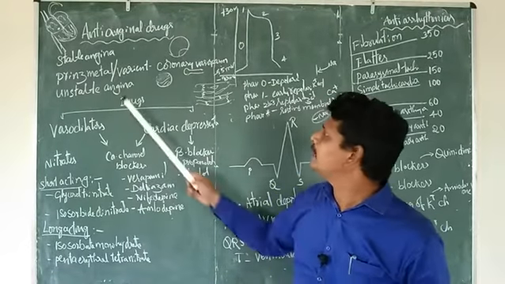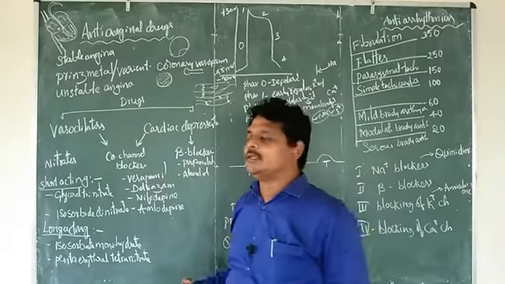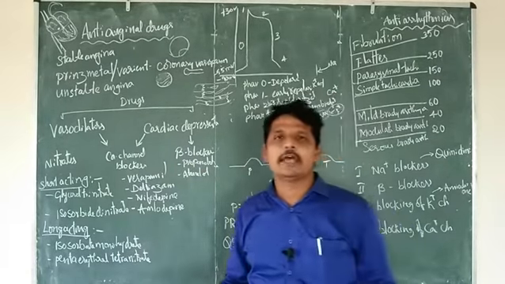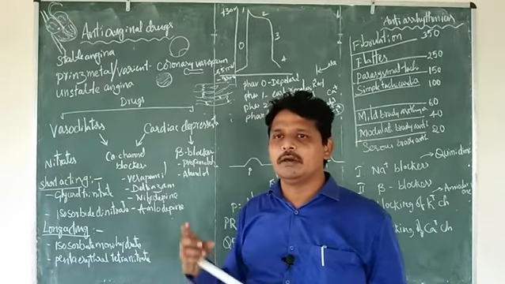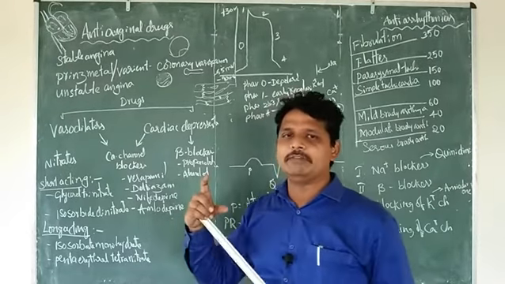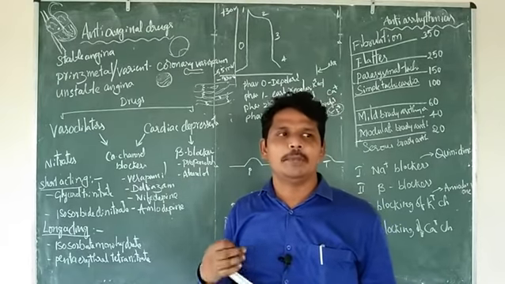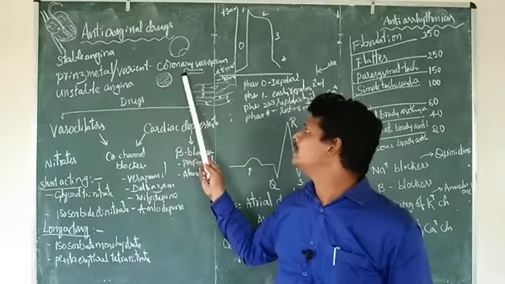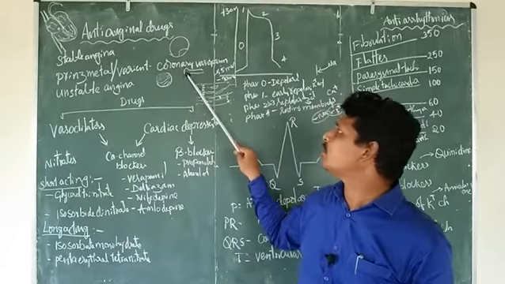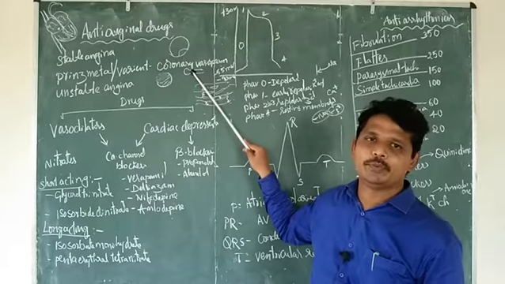Next, coming to Prinzmetal or variant angina, coronary vasospasm takes place. Vasospasm means the normal diameter of the blood vessel decreases because of constriction of the blood vessel, for an unknown reason. This is the normal diameter, and here it is constricted and reduced.